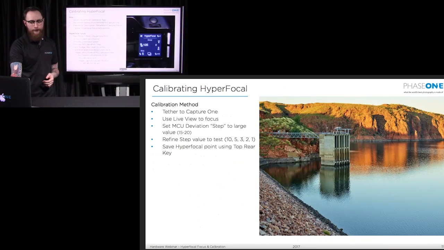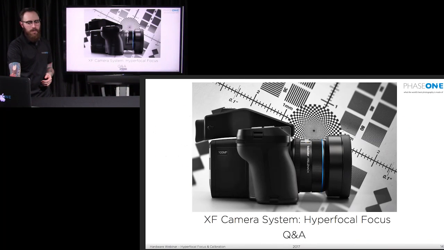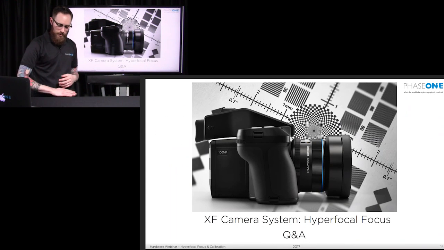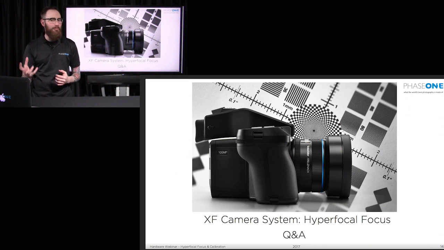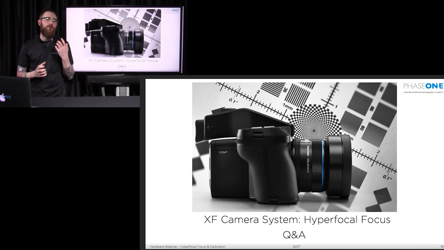Okay, and does it work for zoom lenses? Sue Brutta was asking. Excellent question. Yes, it does work for zoom lenses, but just like it's not intelligently linked to know what aperture you're using, it's not going to know which focal length you're using on a zoom lens. So what you would want to do is either calibrate it at a focal length that you use on that zoom all the time, or one that's a bit more forgiving.